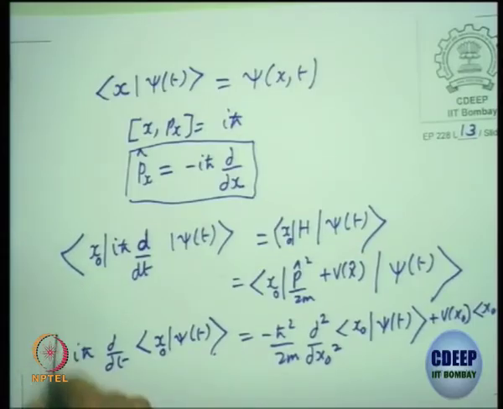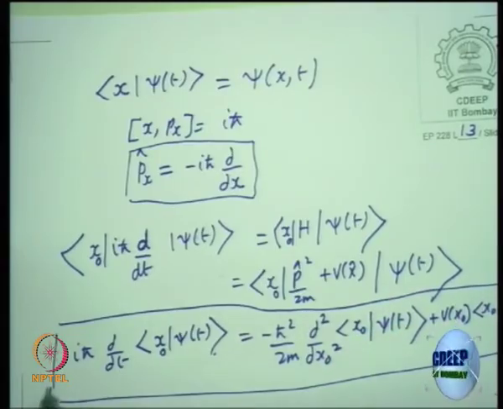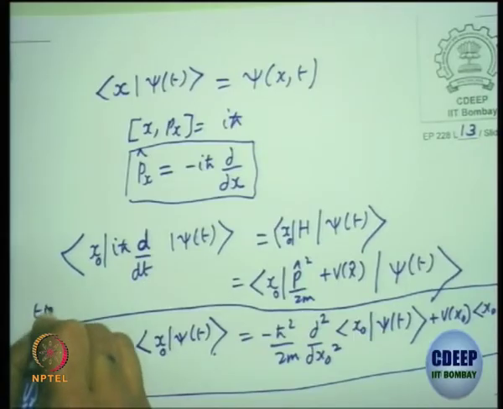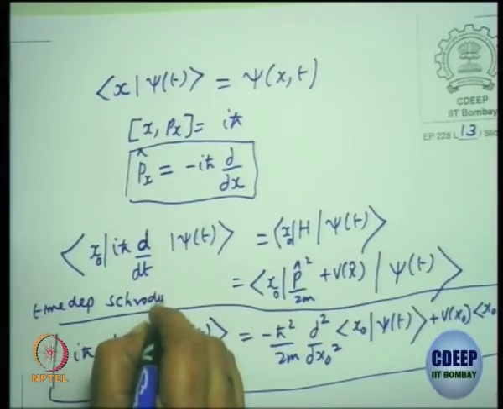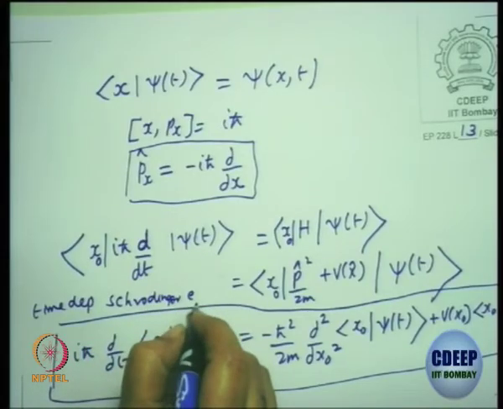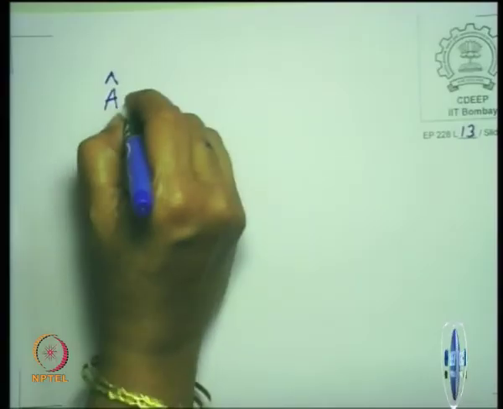So, this is nothing but your time dependent Schrodinger equation for the position space wave function. We do not usually say position space wave function because you mechanically do a wave function which is in the position space. But in this particular exercise, you can say that this is the time dependent Schrodinger equation for position space.